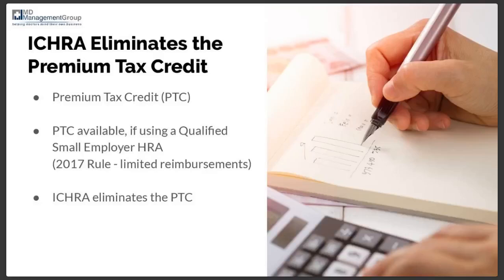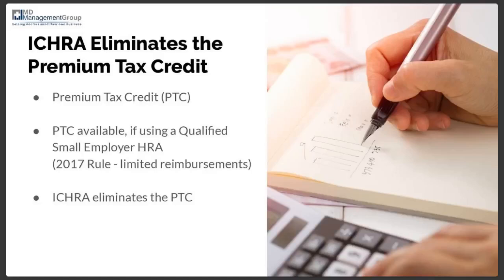The premium tax credit is available, however, if you're using a qualified small employer HRA. Now, remember when we talked about that earlier, that was in about 2017, they said you could have a qualified small employer HRA, but it had limited reimbursements. Okay, so you could use that.